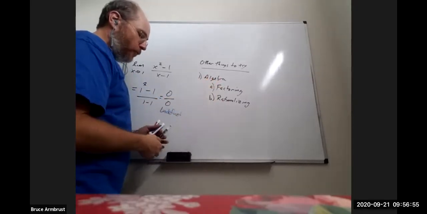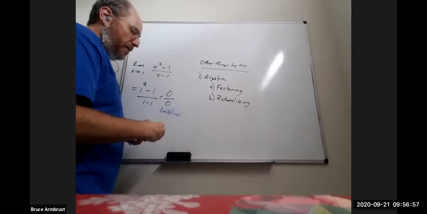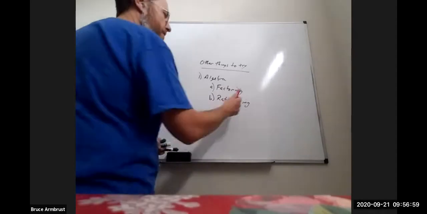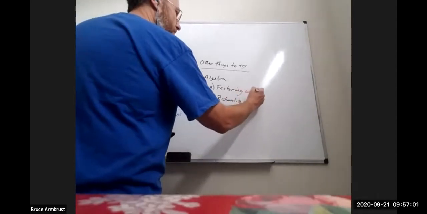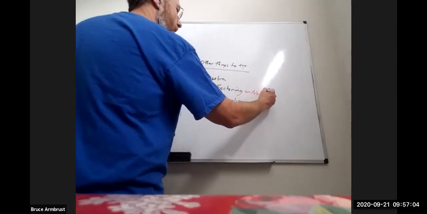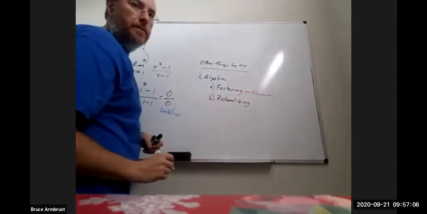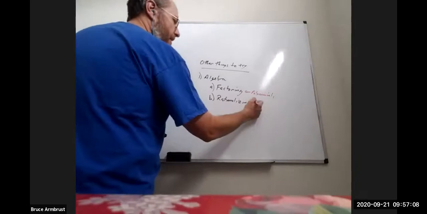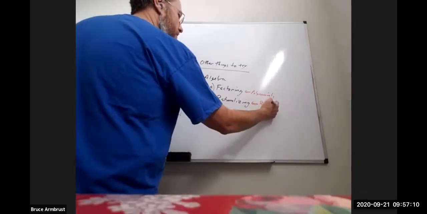Both of these have very specific forms where it can help. Remember, with factoring, this one we need polynomials. And for rationalizing, you need roots.